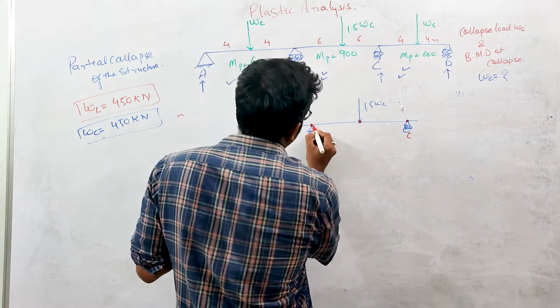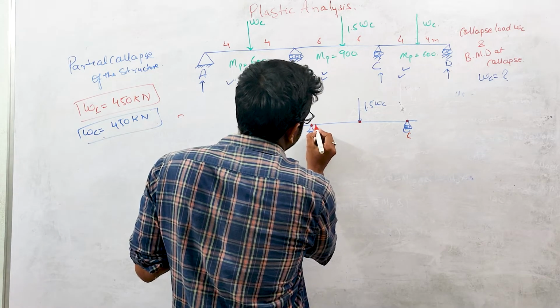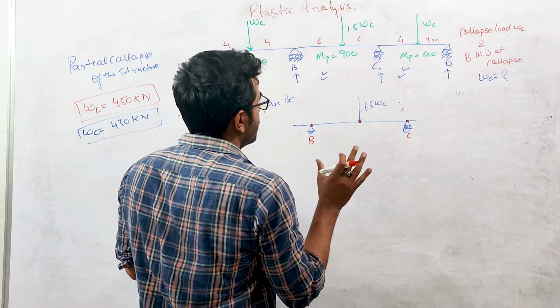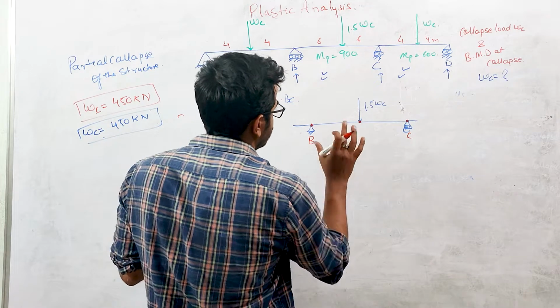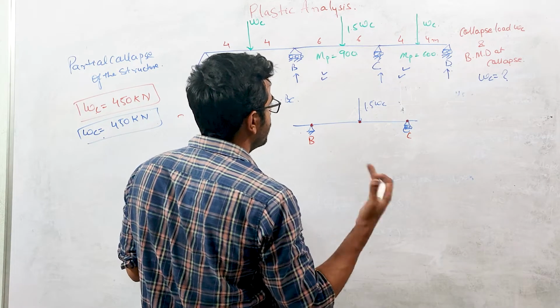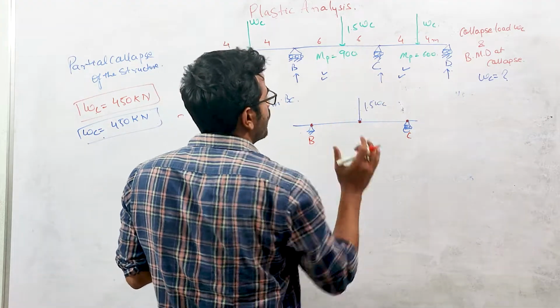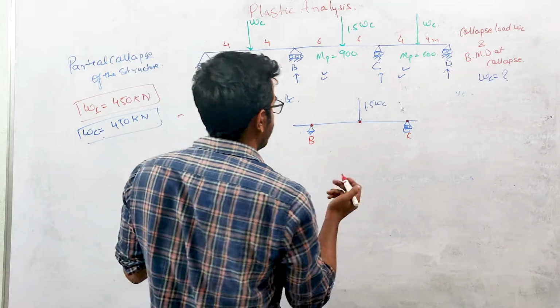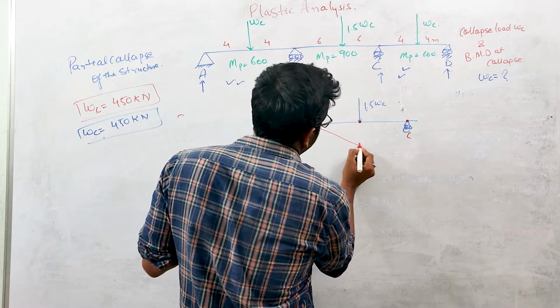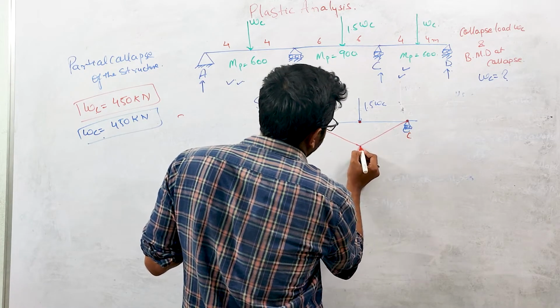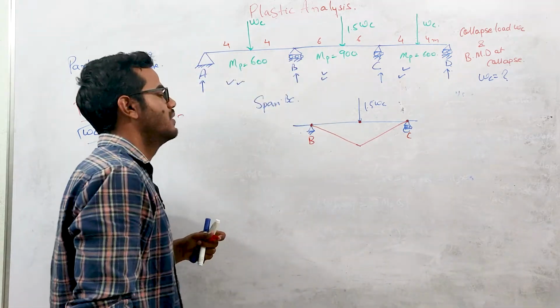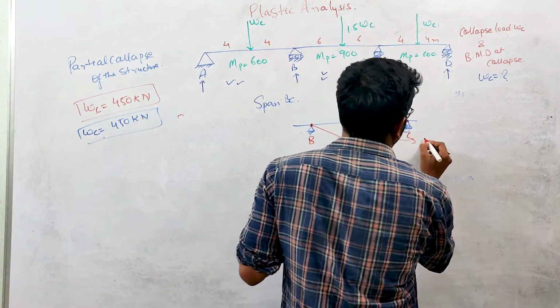Still, three hinges are required basically to form the collapse. But in the end span only two hinges are required for the collapse. So during the collapse it will deform like this.